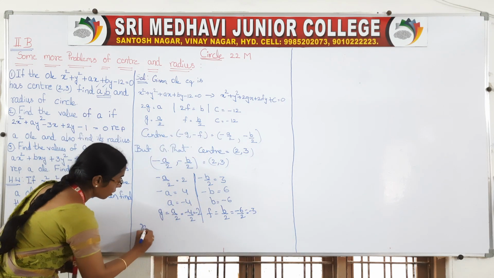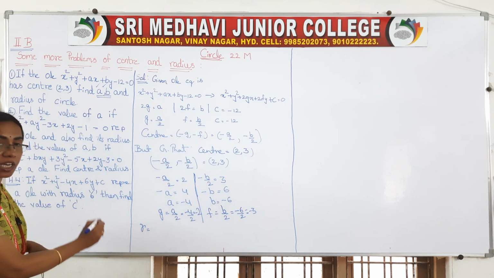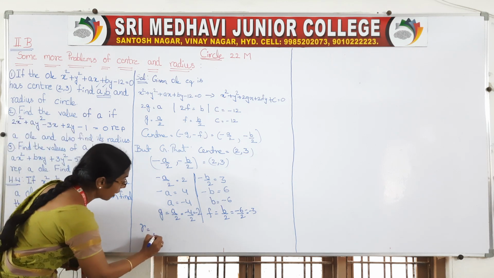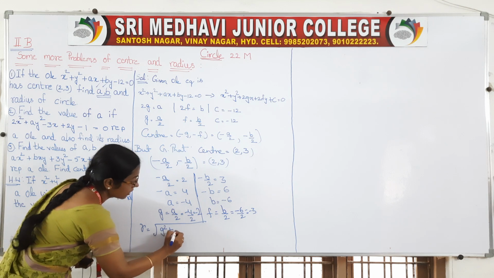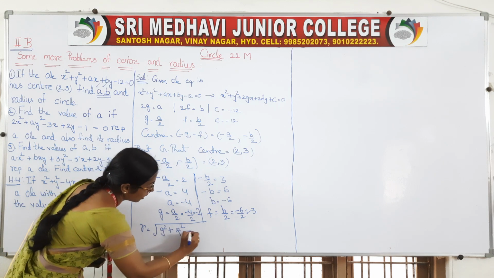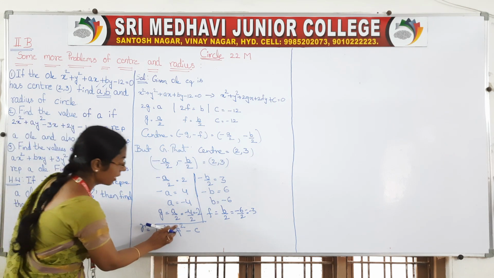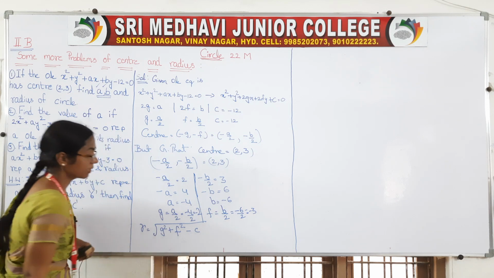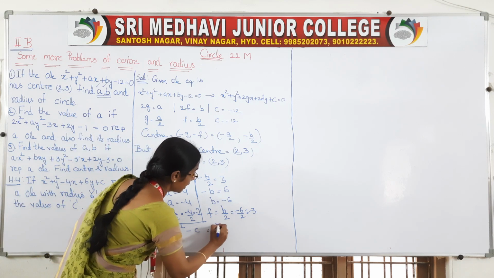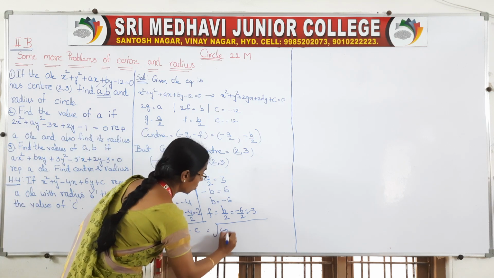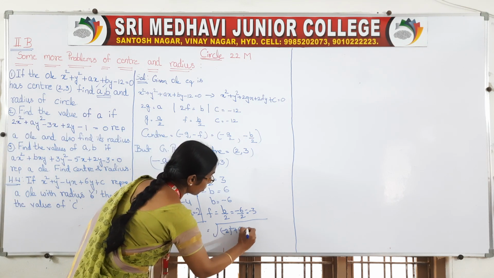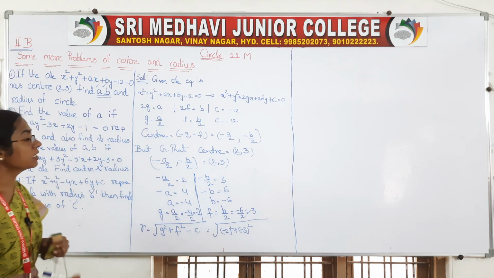So therefore, you find out your radius. Once we got g and f values, we have to find the radius. What is the formula for radius? Root of g square plus f square minus c. What is your g? Minus 2 whole square, minus 3 whole square, and what is your c?